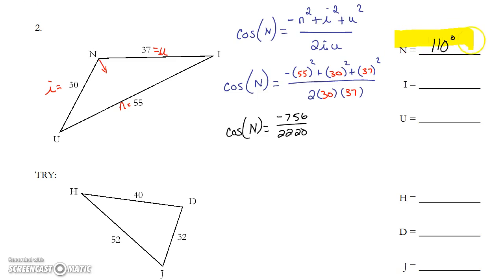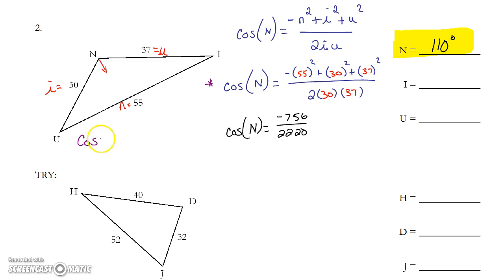That's my first angle measure. I don't know enough to do triangle sum theorem yet, though, so I do need to do this all over again. But I'm going to do it with angle I as my reference angle. So what I'll do is just set up this equation, and then we'll talk about our answer.